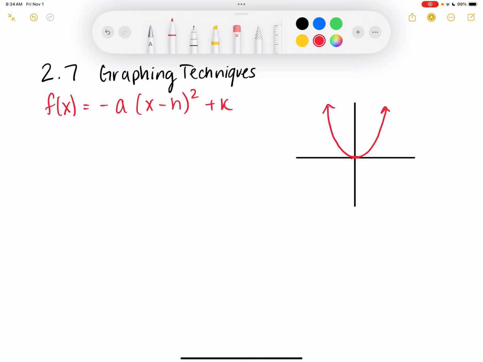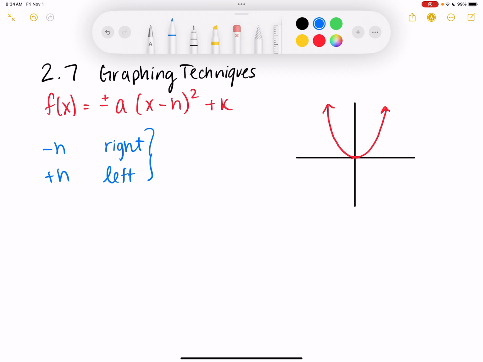I'm going to put here plus or minus. It doesn't have to be minus, just for the sake of what we're about to write down. So inside the parentheses, this minus h tells us that we are moving to the right. If instead it's written in the form plus h, that means we're moving to the left.